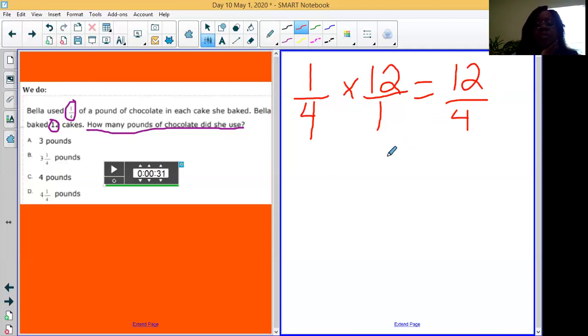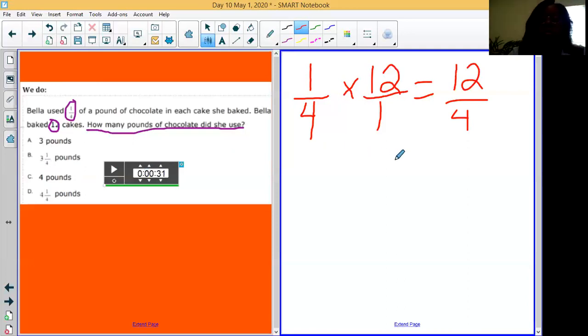Now, a few minutes ago, I showed you 2 or 3 strategies you can use. We're going to use some of the same strategies to solve this problem. Because when I look over here at my answer choices, I don't see 12 fourths. I see 3 pounds, 3 and 1/4 pounds, 4 pounds, and 4 and 1/4 pounds. So I know these are going to be greater than a whole when I get my answer just from looking at my answer choices.